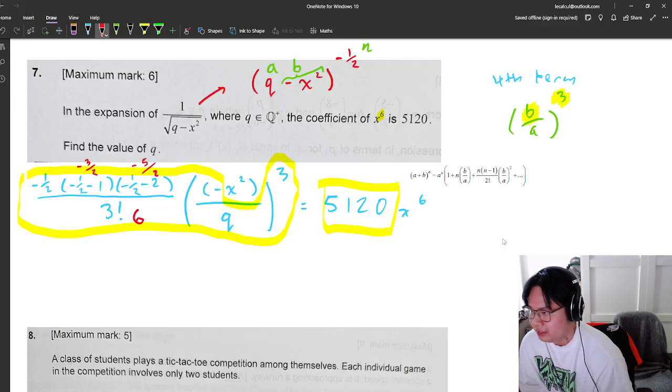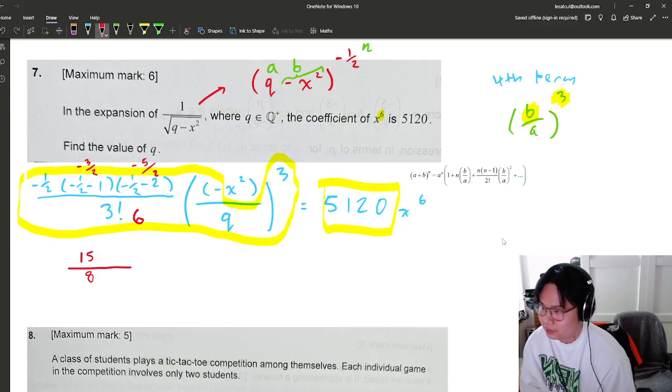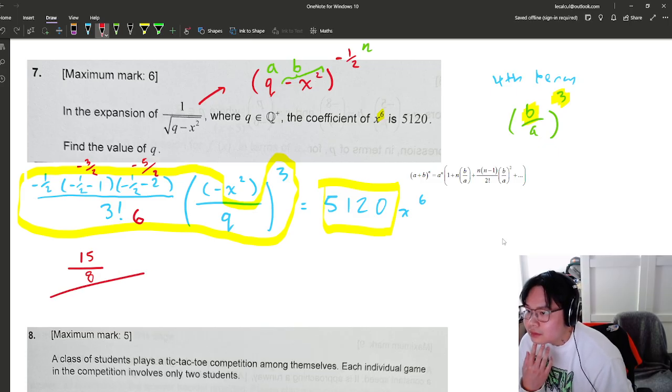So positive 15 over 8 over 6q cubed is equal to 5120.